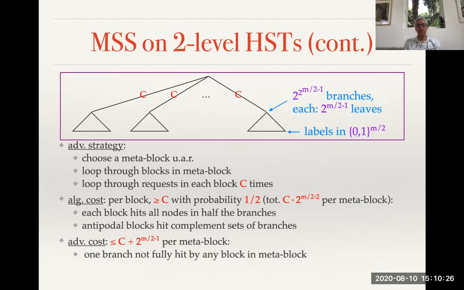And if it leaves that branch, it's also going to pay C. So overall, it pays a total of C times 2 to the m over 2 minus 1 with probability 1/2.